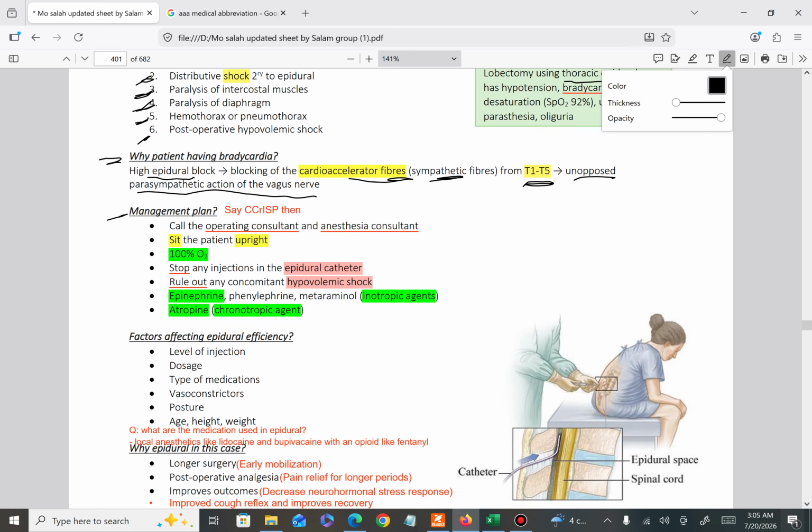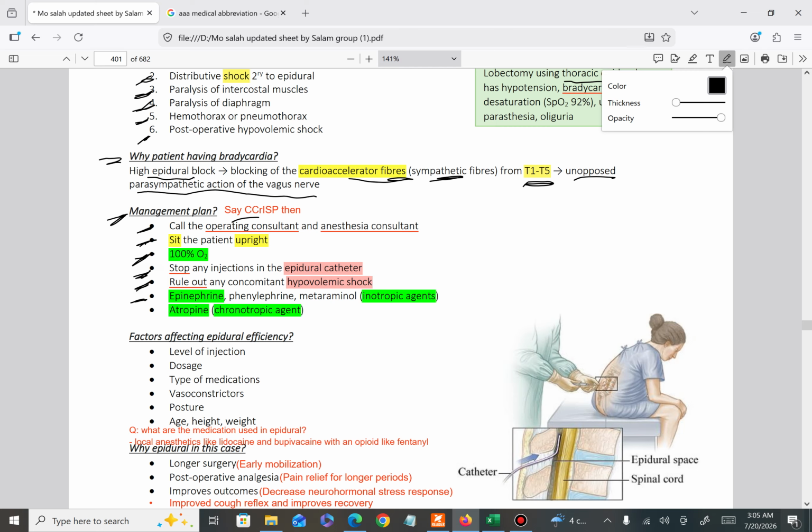Now what will be the management plan? So the management plan will be according to care of the critically ill surgical patient. Okay, then we will call the operating consultant and anesthesia consultant, sit the patient upright, give 100% oxygen, stop any injection in the epidural catheter, rule out any concomitant hypovolemic shock.